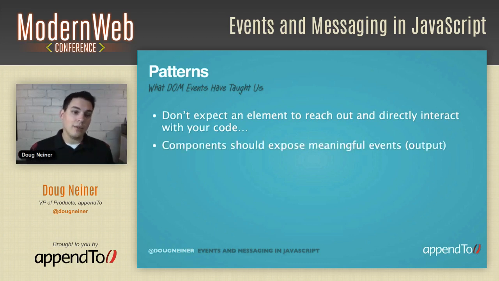Which means we've also learned that components that expose meaningful events are easy to work with. So the output from the component are meaningful events, whether that be a key press or a key down or key up in an input field, or whether that be something more abstracted like a return to an XHR response. But it's going to give us these meaningful outputs.